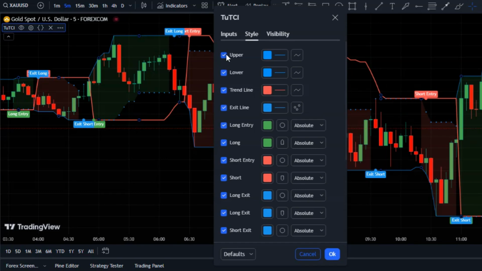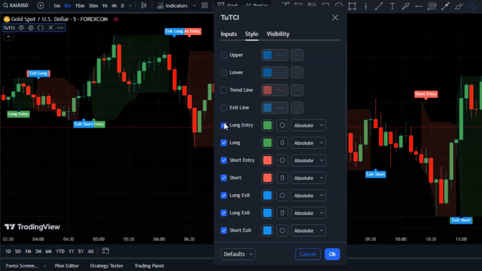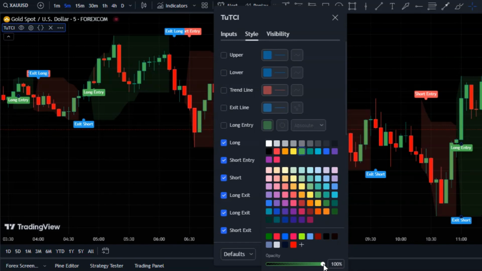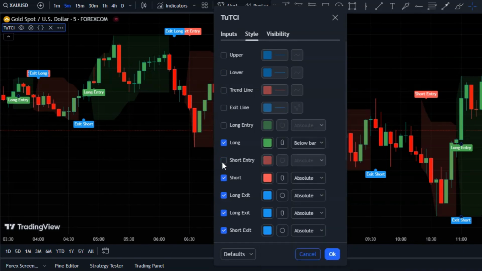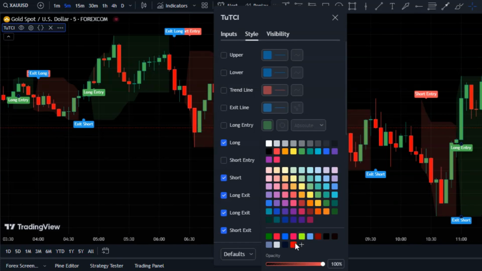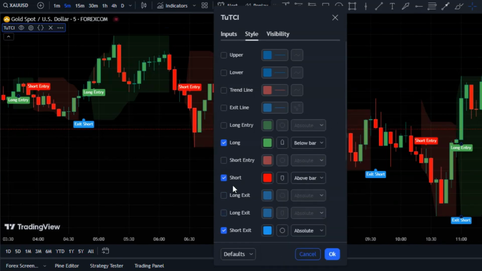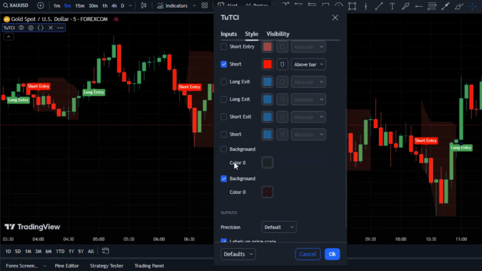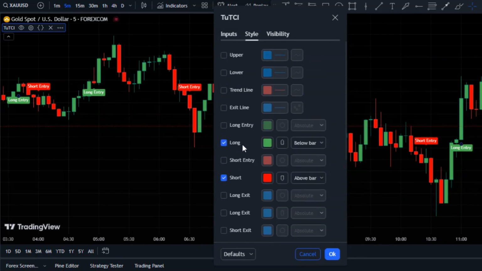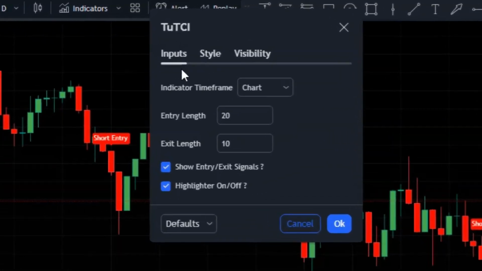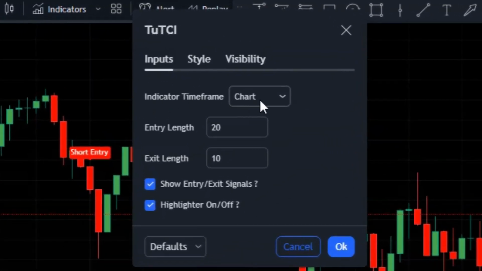To do that, go into the indicator settings and in the Style tab, uncheck everything except for long and short. Then on the Inputs tab, change the entry length to 45 and exit length to 20.